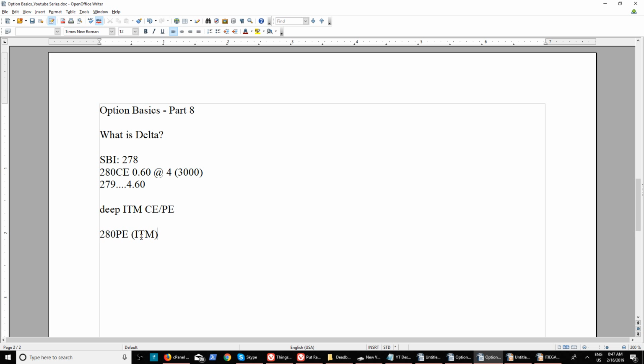That is the reason some of the basic terms you will start understanding better as I go forward in this series. So this is an in the money put option, and this generally should have a higher value. So it could mean that this might have a 0.70 delta.